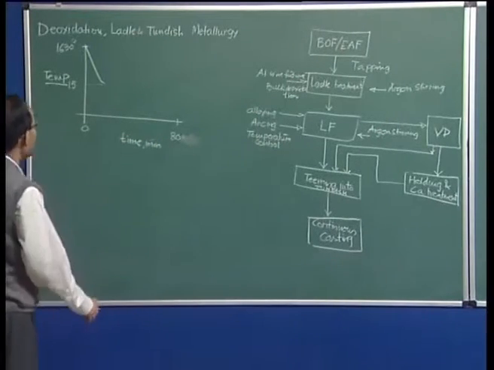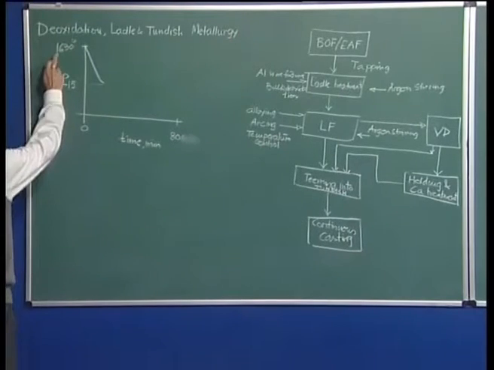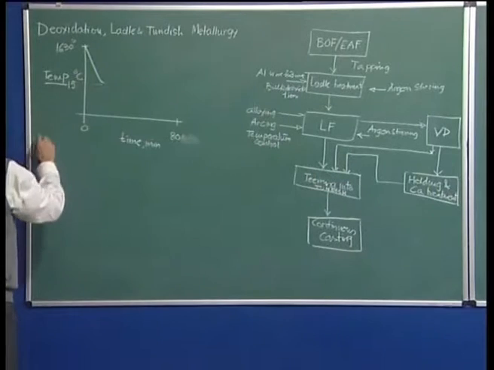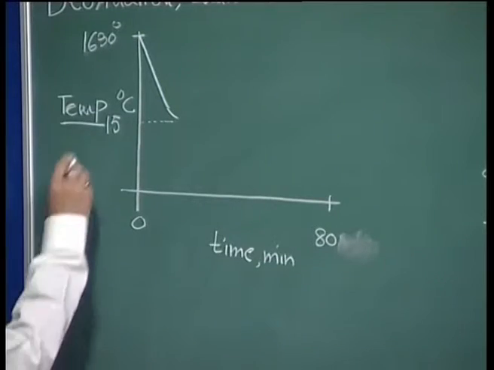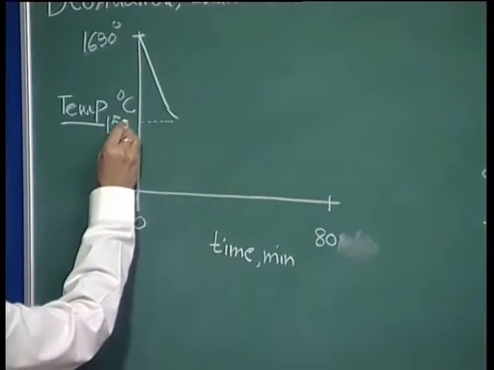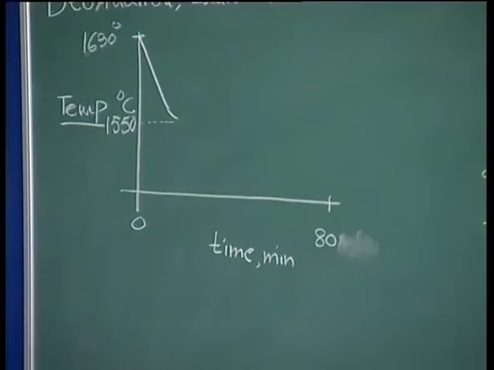Something around 80 to 90 degrees of drop in temperature can take place. So, if you start from 1630 degrees centigrade, we will get something like 1550 degrees centigrade or so, which tells us that there is about an 80 degree drop in temperature.